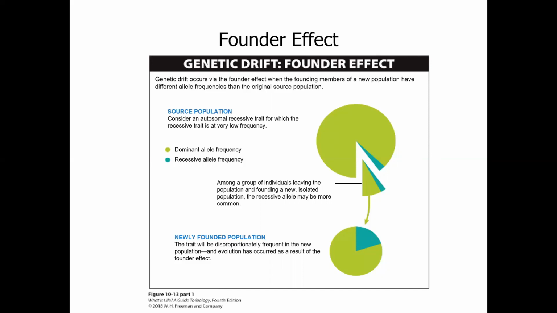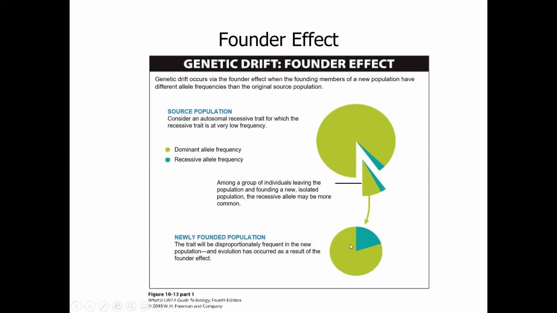So if we look at this pie chart right here, we have our source population that I'm circling right now. And we have the dominant allele frequency in green and the turquoise green recessive allele frequency. So we have mostly dominant allele and not a lot of recessive allele. Ultimately, we're going to have a chunk of this population, the pie wedge that's being broken out, and that's going to move on to a new area and found its own population.